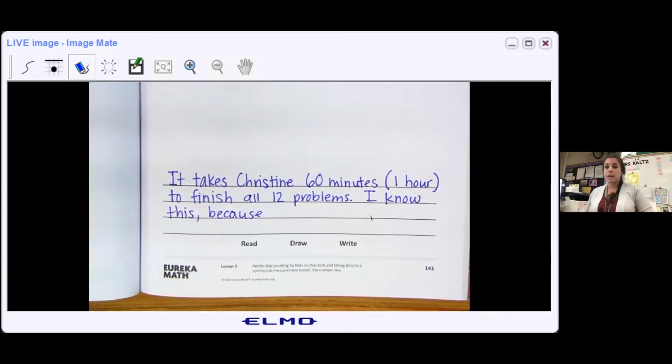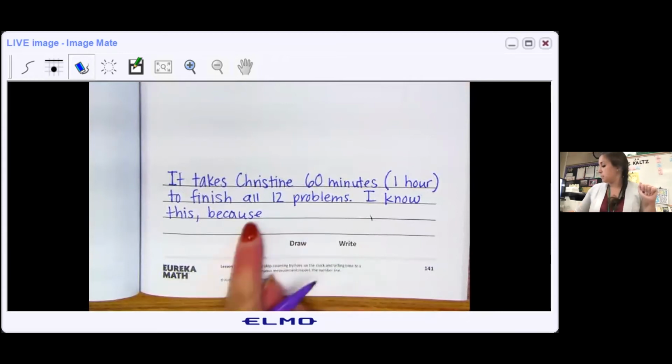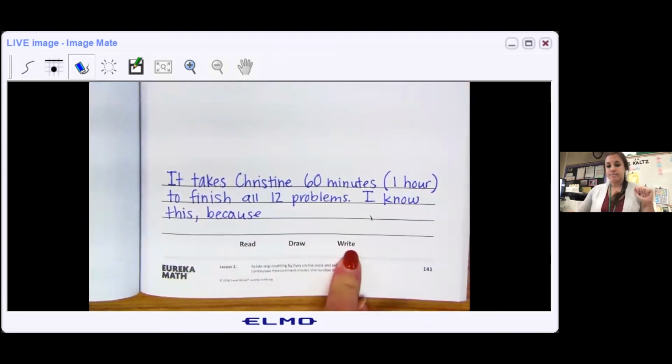For some of you, you may have drawn equal groups. You may have drawn 12 rectangles for the 12 problems and put 5. Maybe you made 12 rows of 5 in an array. Maybe you drew a number bond. Explain that here. And get a nice period at the end.